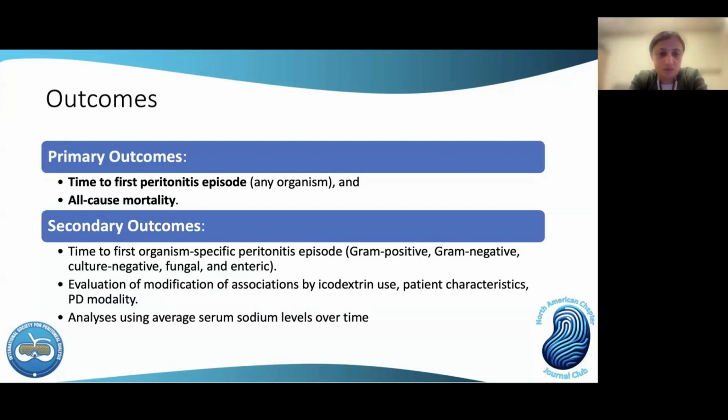Secondary outcome was time to first organism-specific peritonitis episode, whether it is gram-positive, gram-negative, culture-negative, fungal, or enteric peritonitis. And also evaluate the modification of association by icodextrin use, patient characteristics, and PD modality. They also analyzed the same data using the time average sodium over a 4-month period if they had multiple readings.